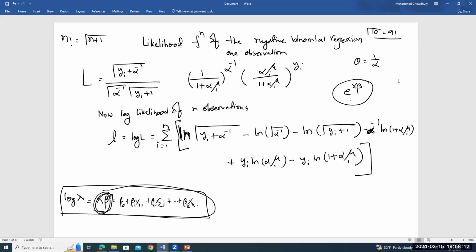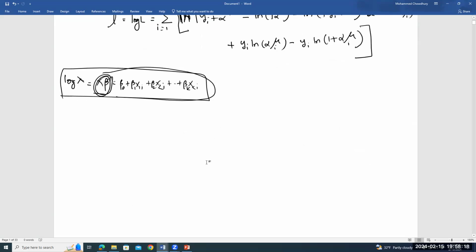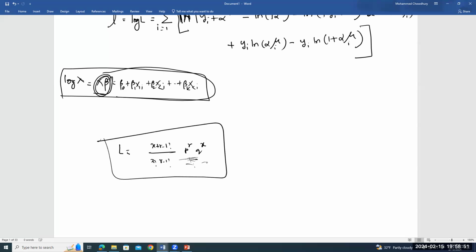So now take a look at that. If I write this likelihood function in the original form, for one observation, x plus r minus 1 factorial over factorial x and r minus 1 factorial, then p to the power r and q to the power x. Where can I put my x beta? There is no mean, right? We cannot put x beta in here. But here is mu, where I can put x beta.